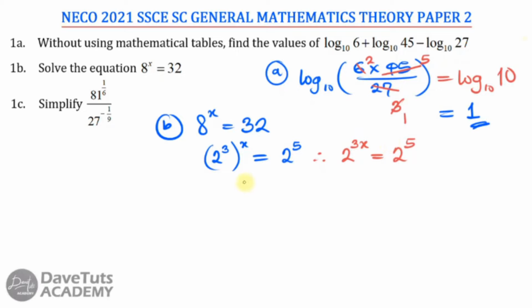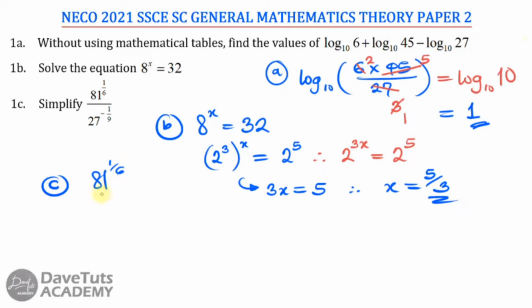And in that case, we can just say this implies that 3x is equal to 5, and if we divide both sides by 3, that means x is nothing but 5 over 3. So that is also done and dusted, and we can go to our question C, in which we have 81 raised to the power 1 over 6 dividing 27 raised to the power minus 1 over 9.